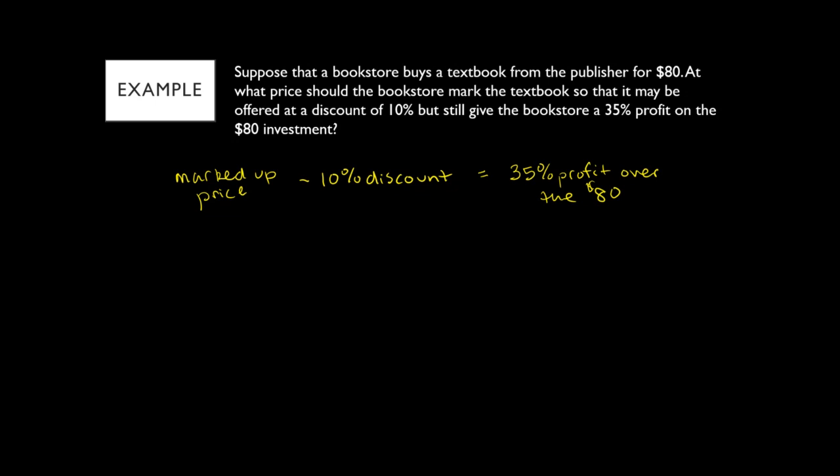So let's figure that out first, because we can figure out how much money we want after the discount in order to get that 35% profit over the $80. I'm actually going to add an extra blank slide because I have a feeling that I'm going to need extra room for this one.